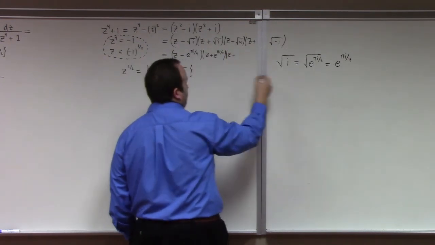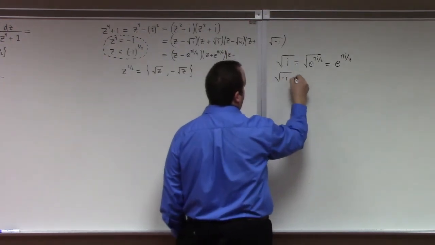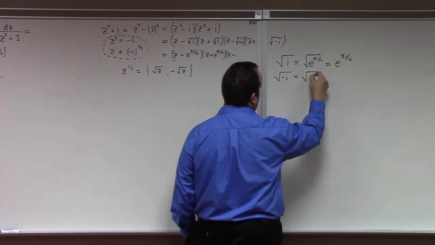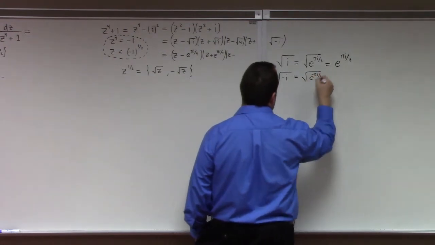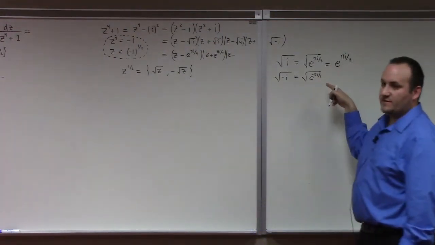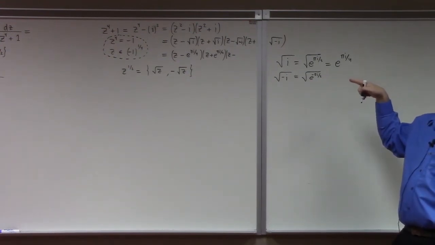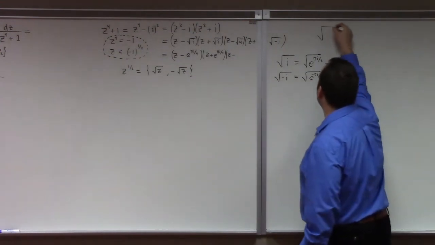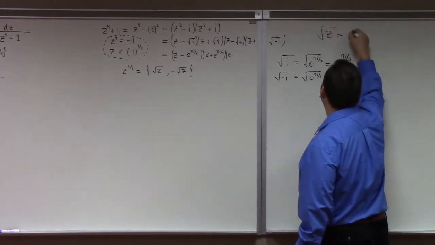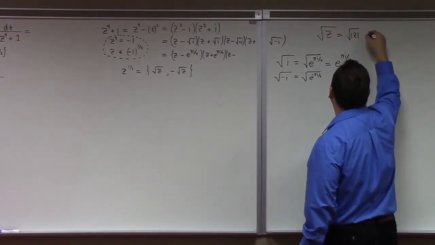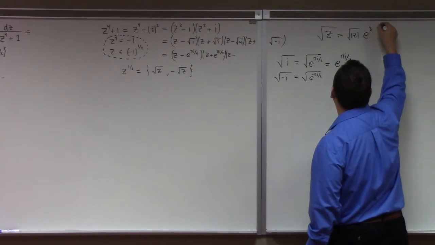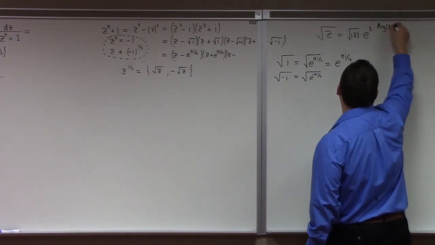Z minus, and what's the square root of minus I? I rewrite the number in terms of its principal argument, and then the principal square root. The square root of z is the square root of the modulus of z times e to the I arg of z divided by 2.